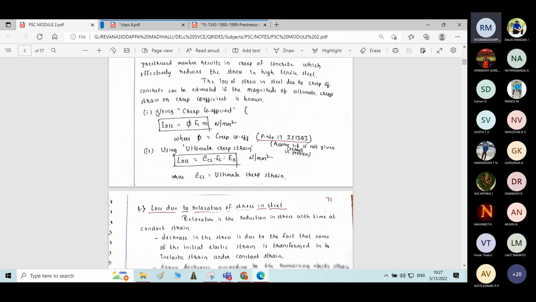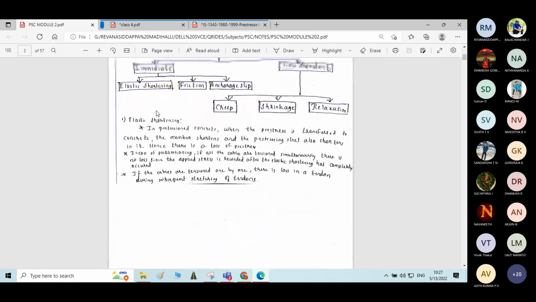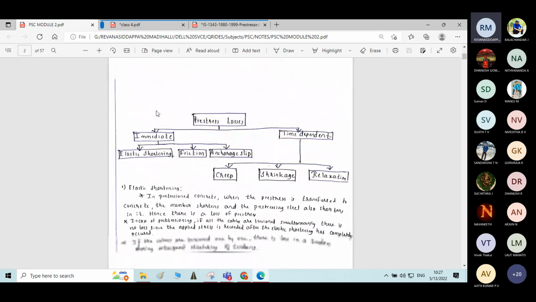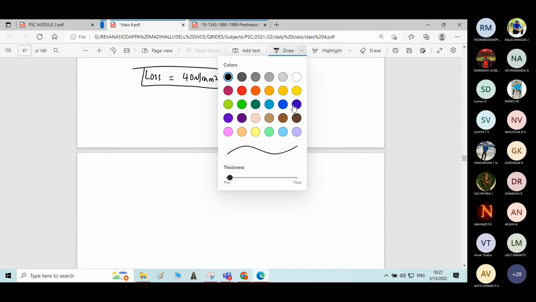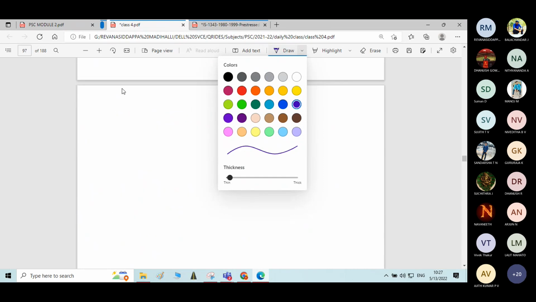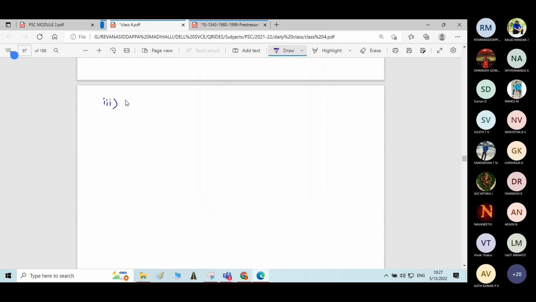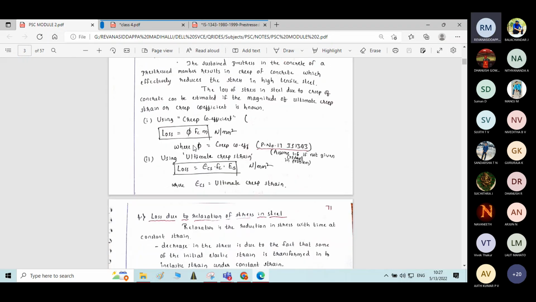Here I have written the table now. Third one, loss due to creep. Loss due to creep is calculated depending upon whether the coefficient of friction is given or ultimate creep strain is given.